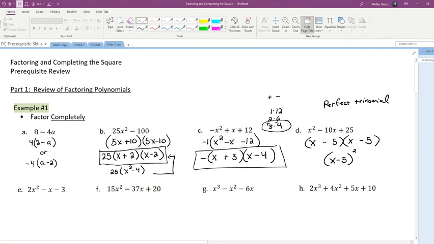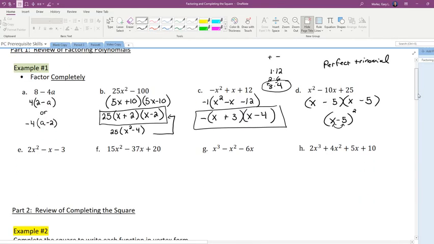But now I also am going to double check if I multiply these together and double it, do I get the middle term? And the answer is yes. So this is one of these special case perfect trinomial squares, and it'll always factor into either x plus or x minus the number, squared. All right, and we will be revisiting that shortly.